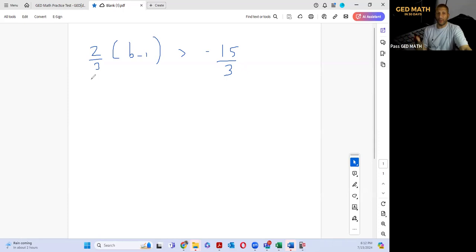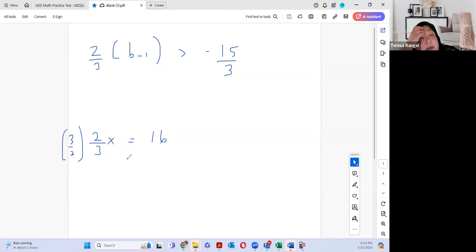First of all, anytime you have a fraction, you want to get rid of it. Let me start with a simpler problem like this: 2/3 x is equal to 16. How do we get rid of that fraction? Multiply by the reciprocal.